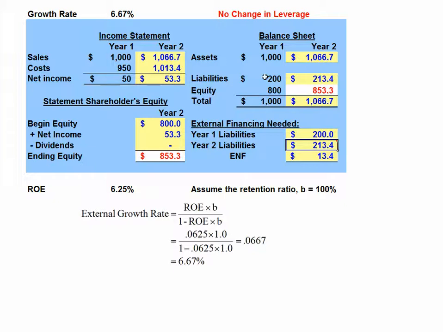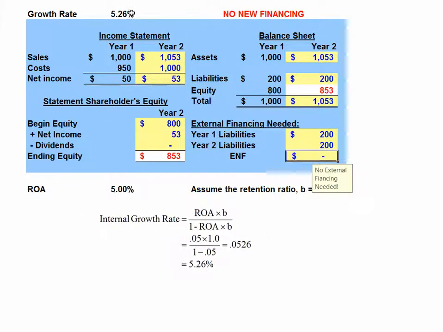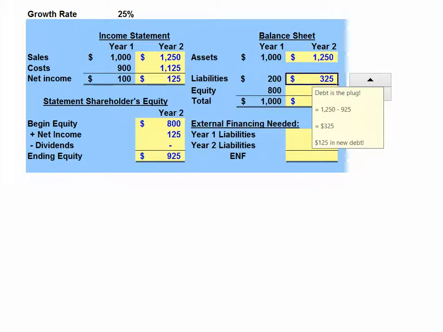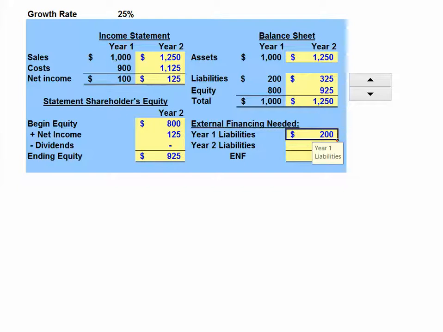Recall, in our last example, with a 6.67% growth rate, we only needed an additional $13.40 in debt financing. When we grew at 5.26%, which was our maximum internal sustainable growth rate, we didn't need any new debt financing at all. But at this 25% growth rate, we need an additional $125 in debt.